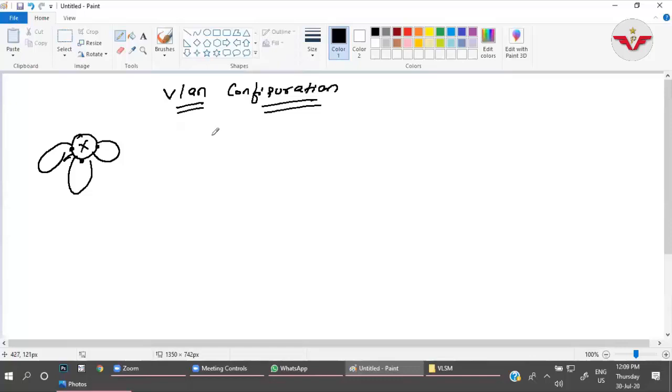The second one is if we have a layer 3 switch. What is a layer 3 switch? Once we come to the OSI reference model, you will get to know that a switch is a device that works on layer 2, and a router works on layer 3. But for a local area network, there's a device called layer 3 switch which you can use for VLAN configuration.